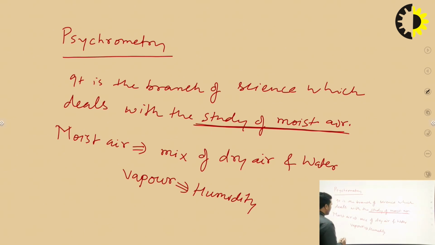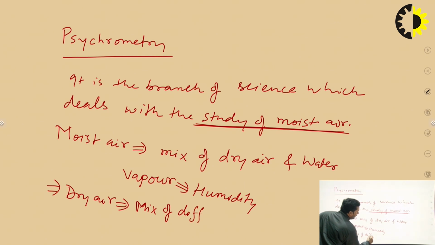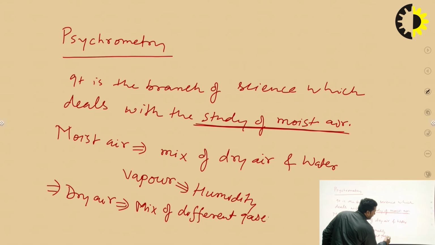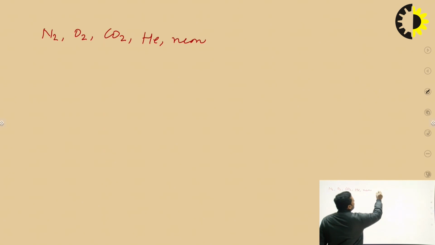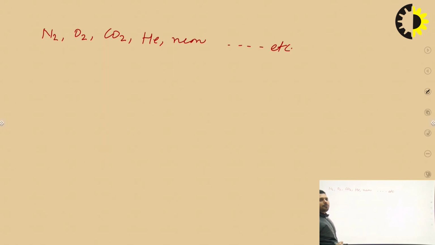Dry air is the mixture of different atmospheric gases like nitrogen, oxygen, carbon dioxide, helium, neon, argon, krypton, xenon, dust, and many other inert gases.